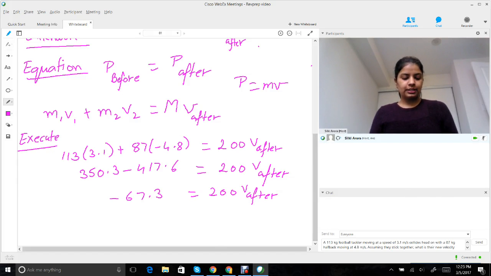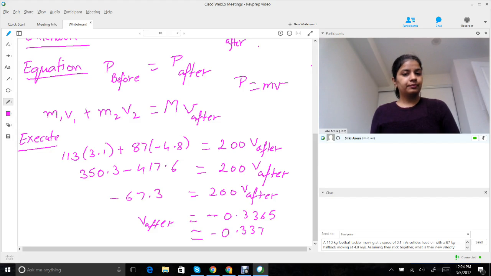Dividing both the sides by 200, we get V after as negative 0.3365. That's correct. We can write it as negative 0.337. What should be the units? Meters per second. That's perfect.